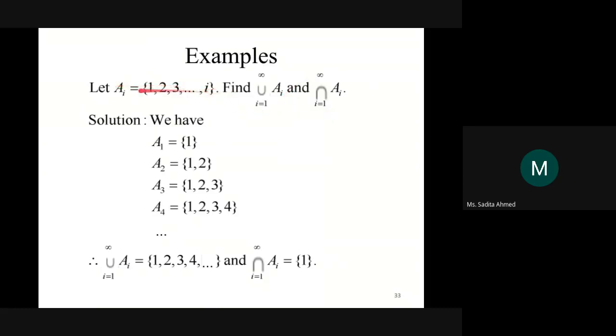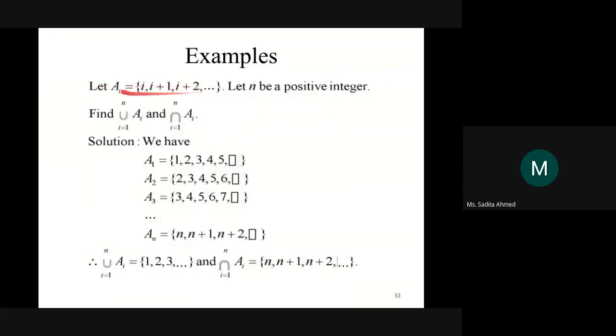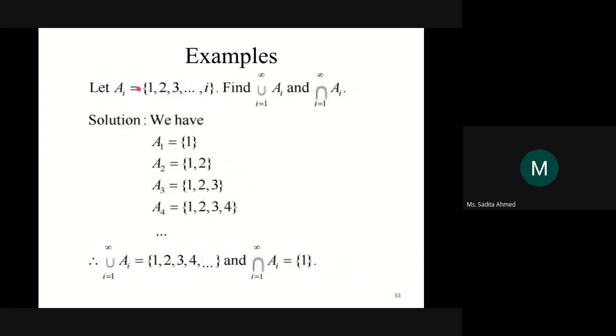So in the previous example, for example, you had a specific series representing the sets, right? Here, you have this series representing the sets. And based on what's given to you here, you have to find out what will be there in your generalized union and intersection. Okay? Yes. All right.